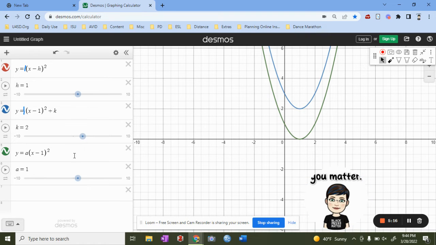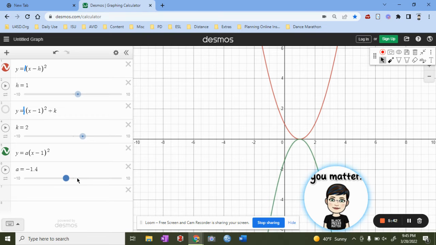Well, now I believe it is on top of that red one. So I'm going to turn the red one off. Let's see what happens as I change my a value. And you know what? I'm going to turn off the blue one and turn that red one back on so we can see. Okay. Oh, look at that.